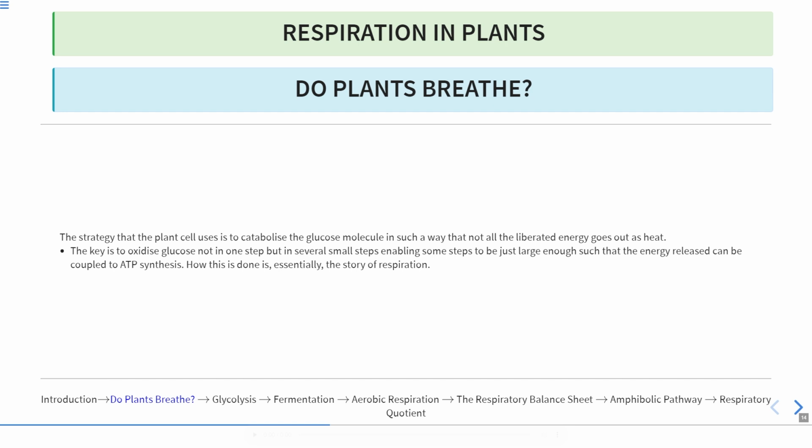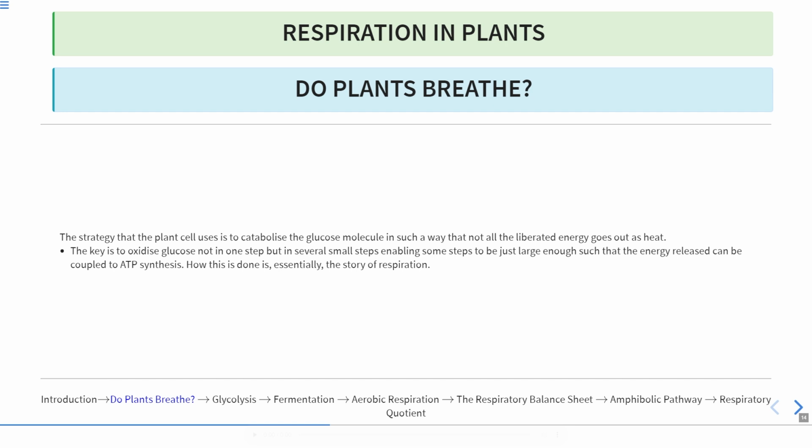enabling some steps to be just large enough such that the energy released can be coupled to ATP synthesis. Okay, so what is the key? The key is to oxidize the glucose molecule, and the oxidation of the glucose molecule is essential, but not in one step. This respiration process, the oxidation of glucose, does not occur in just one single step but in several small steps, enabling some steps to be just large enough such that the energy released can be coupled to ATP synthesis.